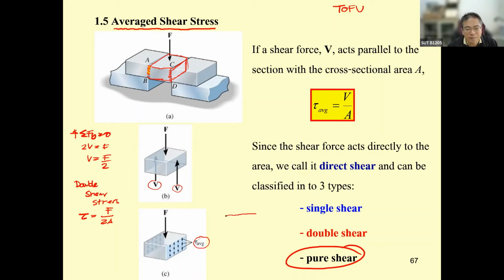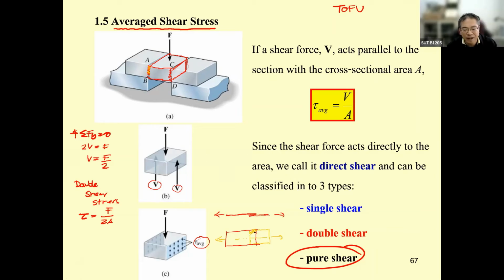Let me put up the model. I stick these together using a screw like this and pull this one. Looking at the top view, the force applied here passes through the centroid of the section.